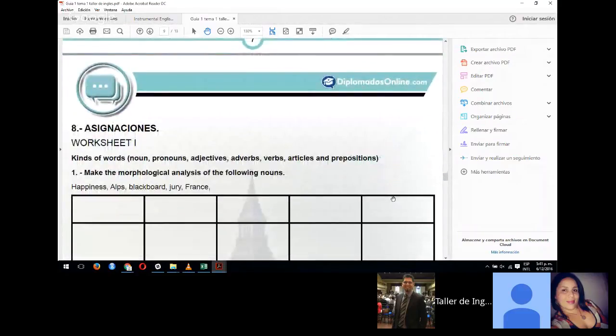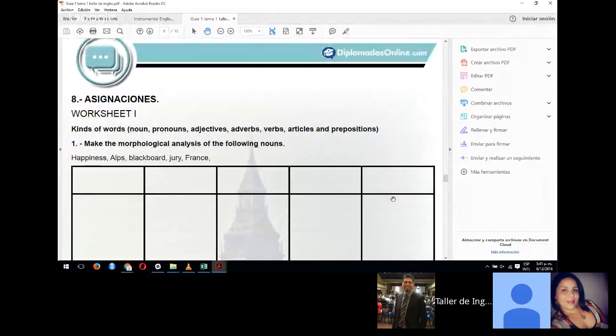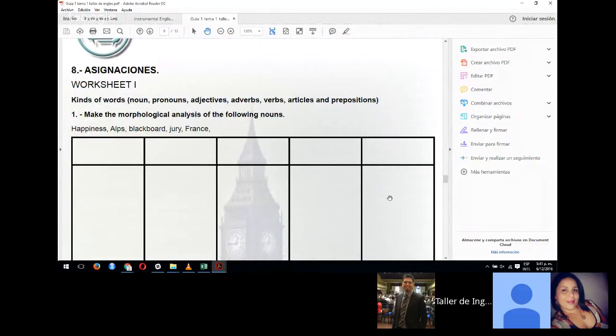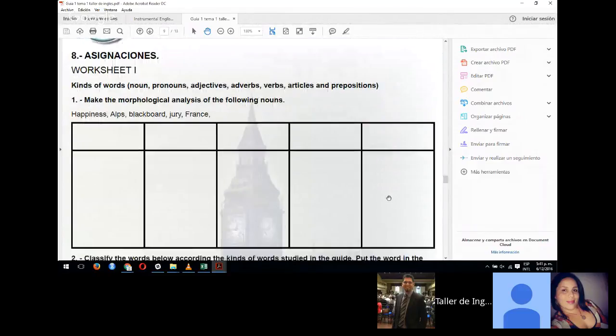And here there is the first assignment. Okay, a worksheet, the first worksheet. Five words: happiness, Alps, blackboard, jury, and France.